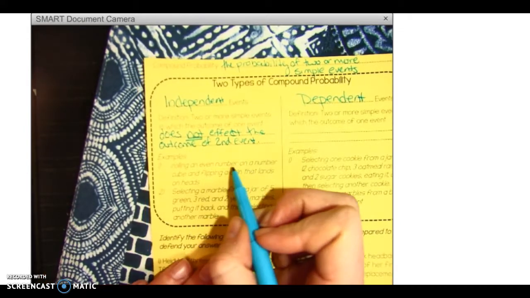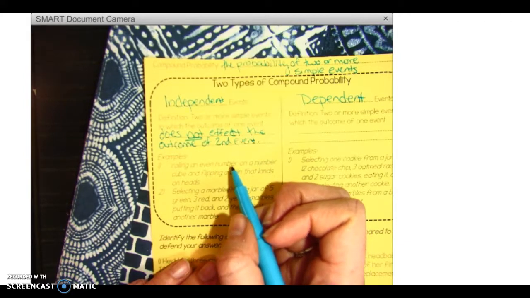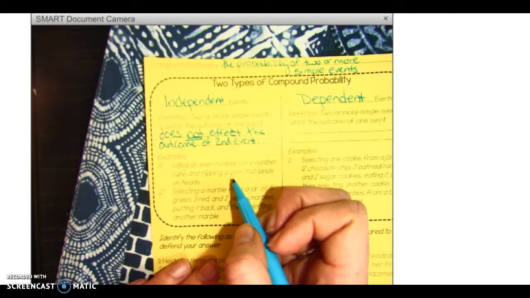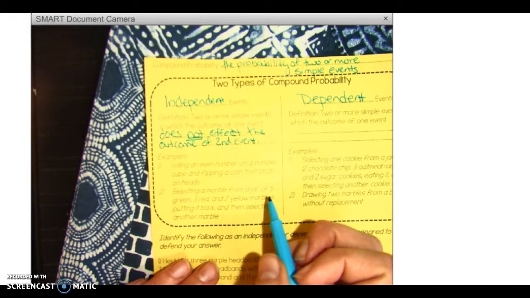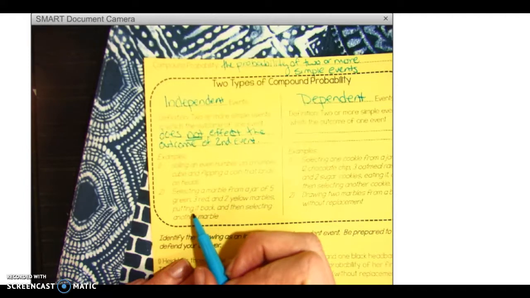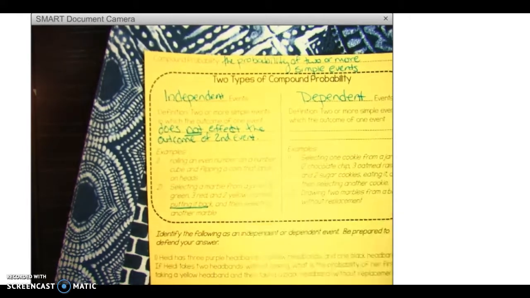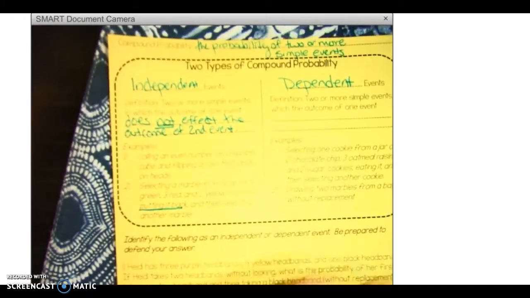So rolling an even number on a number cube and then flipping a coin. Just because I got an even doesn't tell me what I need to land on. Selecting a marble from a jar of 5 green, 3 red, 2 yellow marbles, putting it back and then selecting another one. So putting it back is going to be key here because it's going to keep the same size.